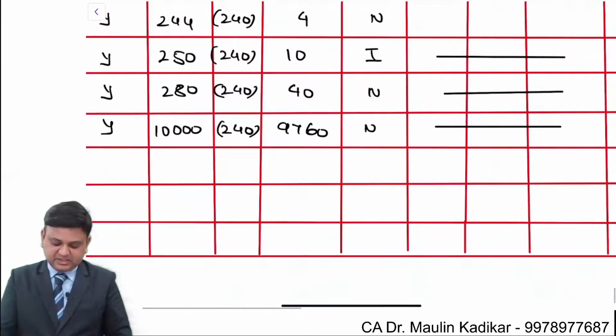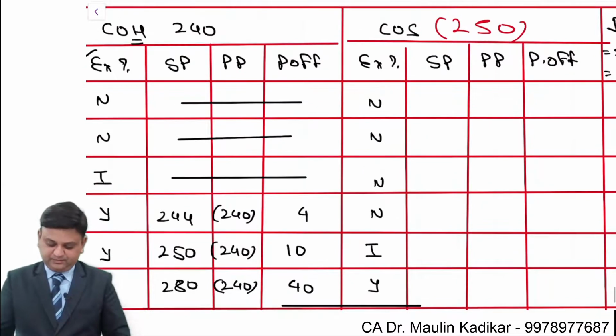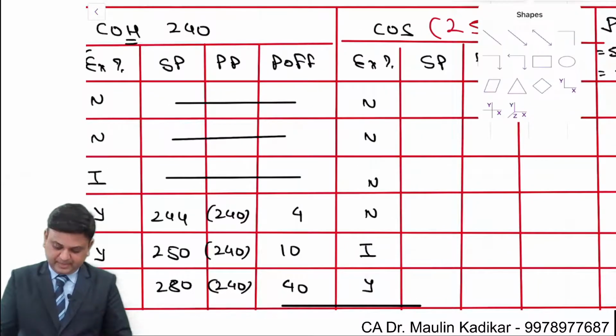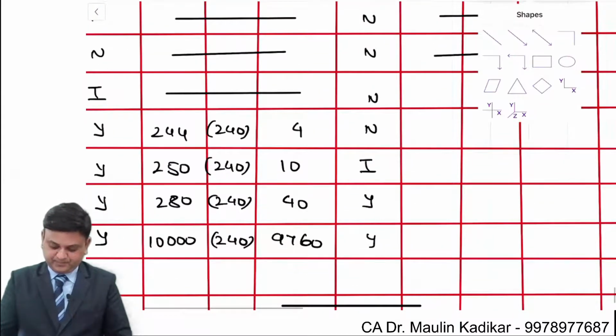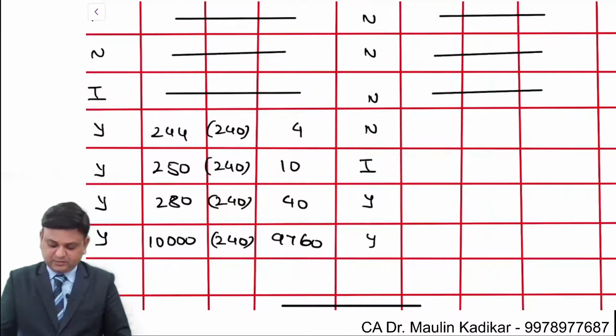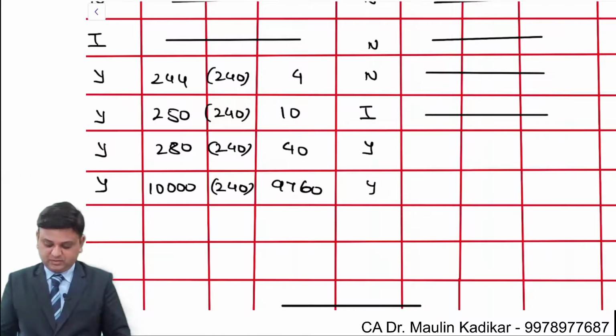And above that he will exercise. If at all he does not exercise or he is indifferent, the payoff value will be 0. So over here 0 payoff, over here again 0 payoff, 0 payoff, 0 payoff, and again over here 0 payoff.